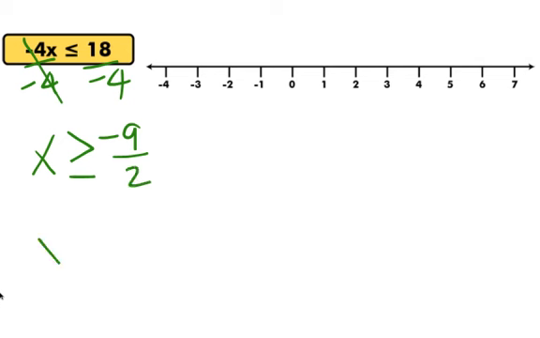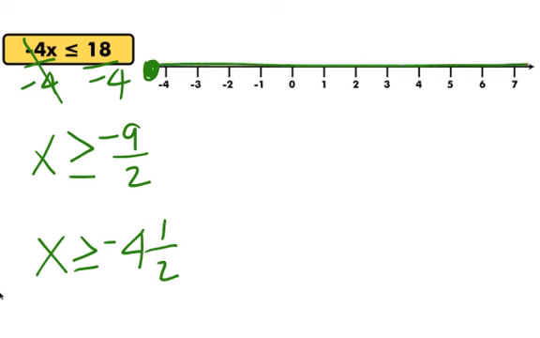To make that easier to graph, you may choose to make it a mixed number, so negative 4.5. And so what I would do is put a closed circle at negative 4.5 because it's greater than or equal to, and then I want to shade in everything that's greater than negative 4.5.